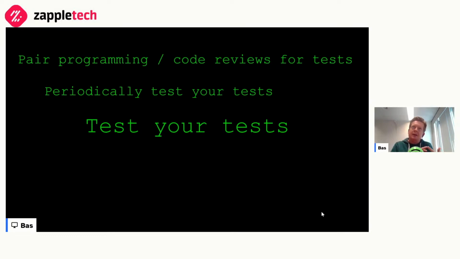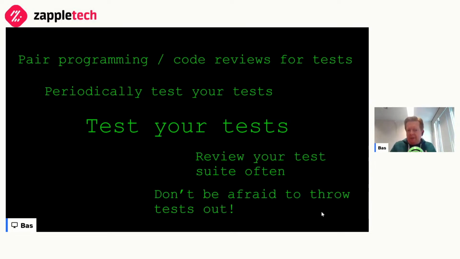Are they still giving us relevant, important, and trustworthy information? And if not, do something about it. Either improve the test, refactor the test, or just throw it out. So review that test suite often, and don't be afraid to throw tests out.